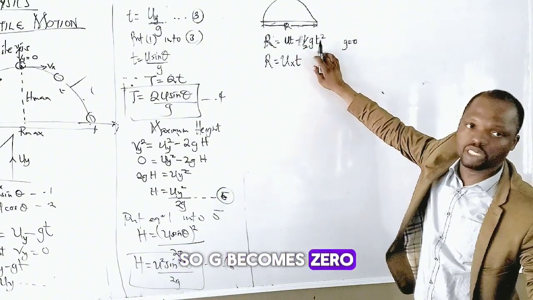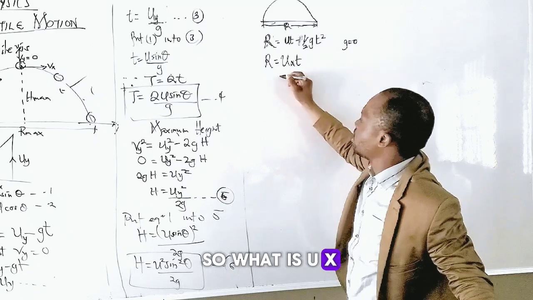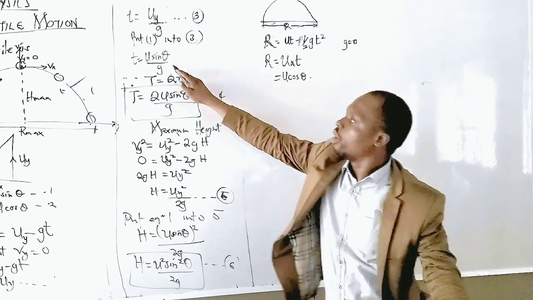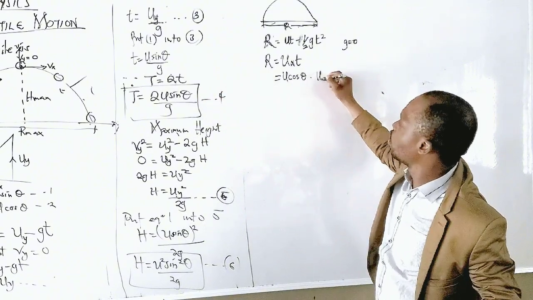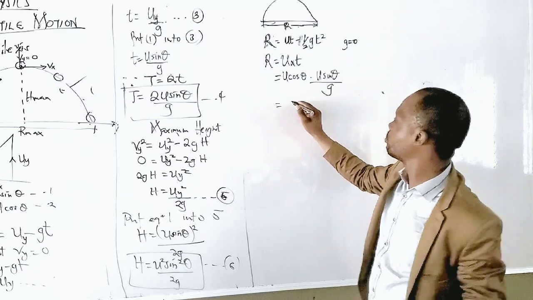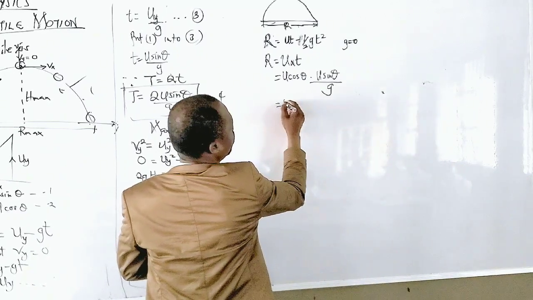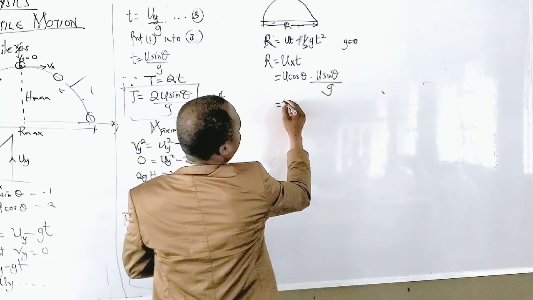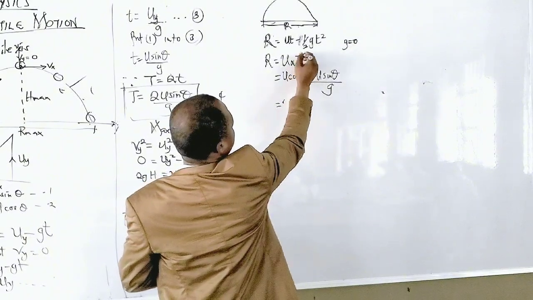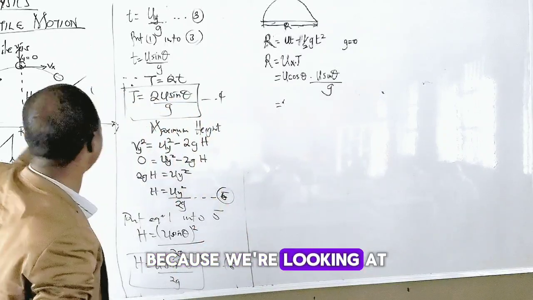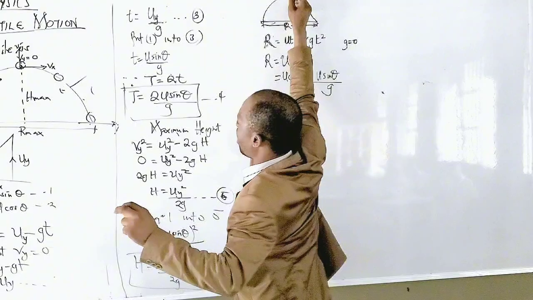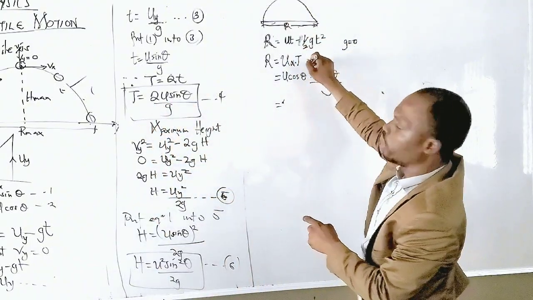So what is Ux? Ux is U cos theta. What is t? This t is not the small t, it is the bigger T, because we are looking at the time from the point of projection to the point where it returns to the ground, so we are using equation 4 here.